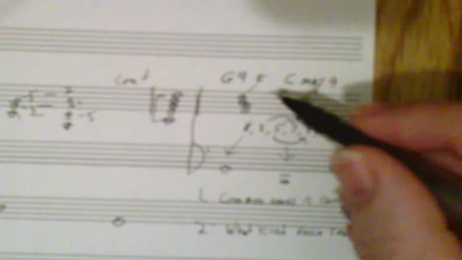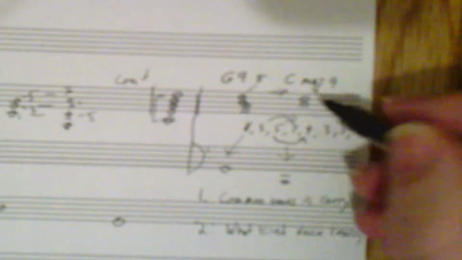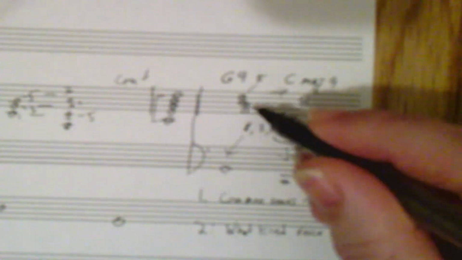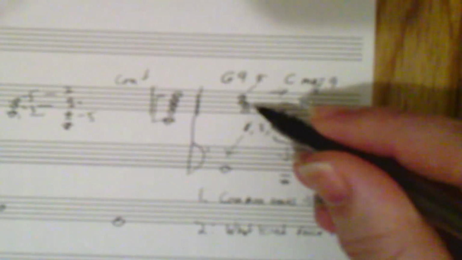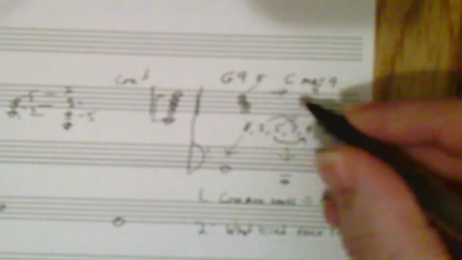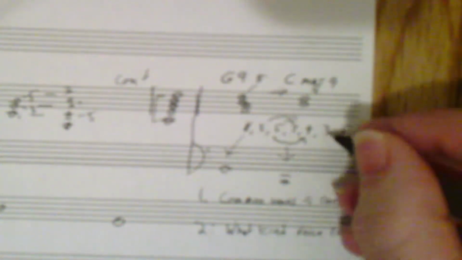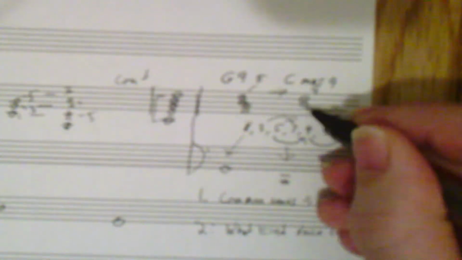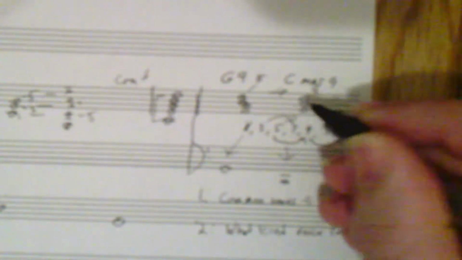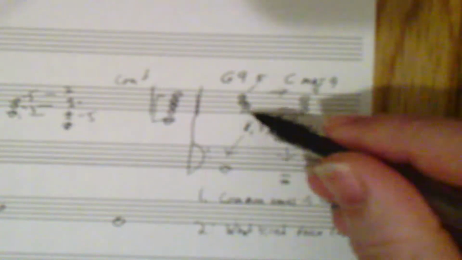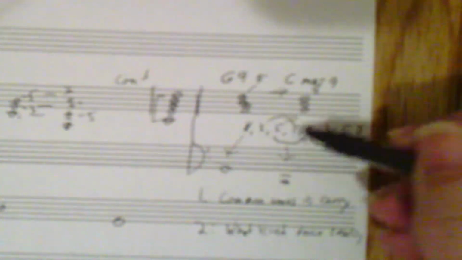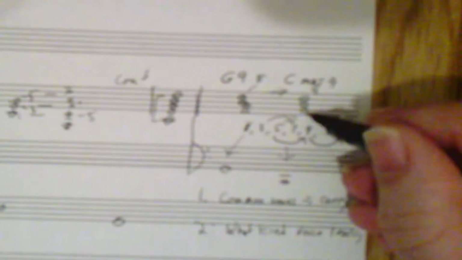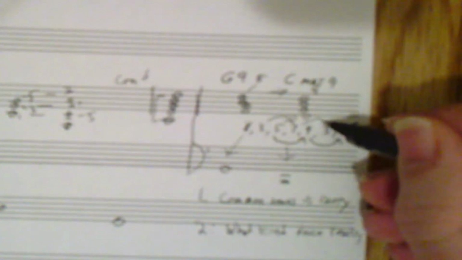So from here, if I look at the ninth, or sorry, I keep flipping around, the A is the ninth, and I go over to that same pattern. Well, then the 9 will go to 5, and you can see that yes, that is what would happen. And then lastly, the F would be a 7th, and then that will drop down to an E, and that will be a 3rd.